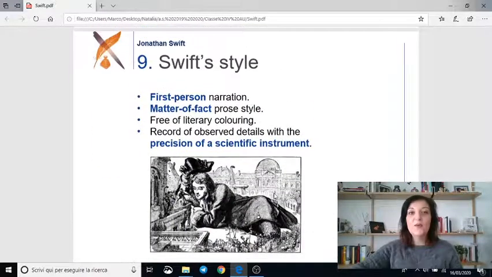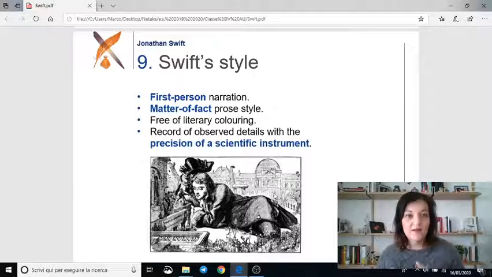then let's focus on the style which Swift uses in this novel. As I have just said, he uses a first person narration. So it is this fictional character, this fictional ship's surgeon, Lemuel Gulliver, who tells about his own life, his own experience, his own travels.